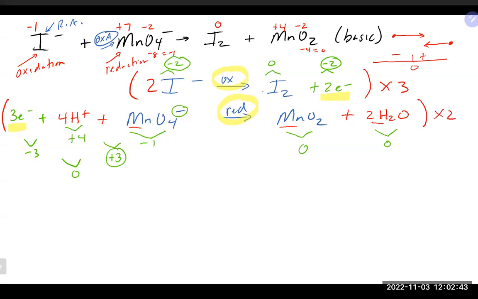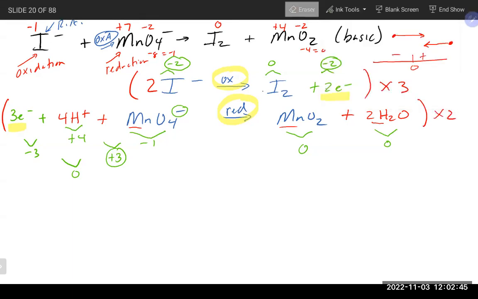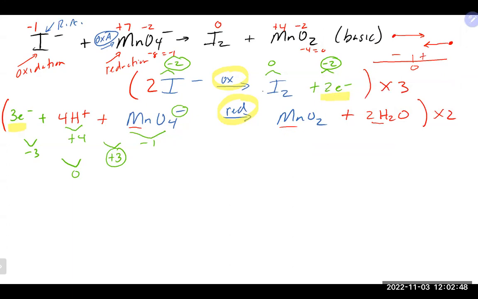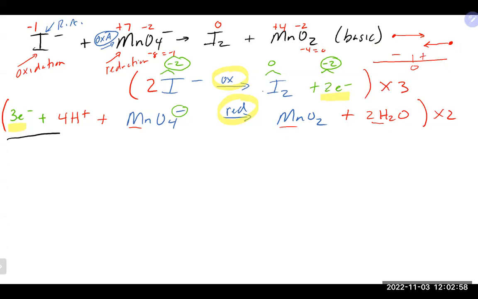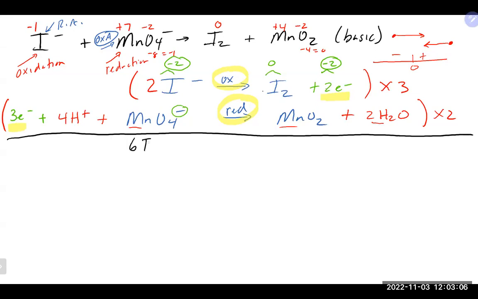I'm just going to write some of these extra numbers here, just to give a little bit more room. Okay, so I'm just going to bring both reactions underneath it there, and multiplying my numbers across. So multiplying the top one there, that's going to give me 6I minus goes to 3I2 plus 6 electrons.